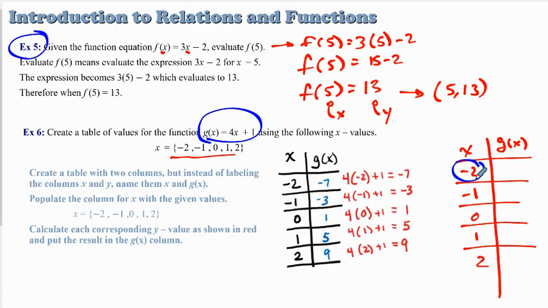So if we plug -2 in for x, you get 4 times -2 plus 1, which gives you -7. And that's how the table is generated, and each of these lines shows the substitution for x and the output that corresponds to it. So -1 and -3 make the ordered pair. 0 and 1 make the next ordered pair, 1 and 5, and so on, 2 and 9.